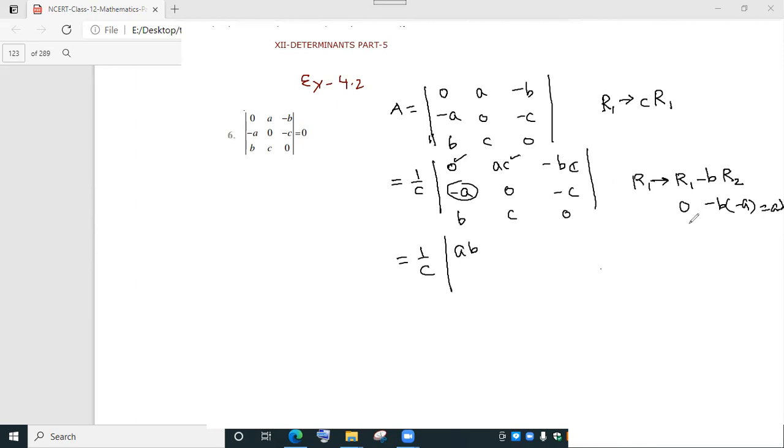Similarly, for this element, R1 is ac minus b times R2, where R2 is 0, so you get ac only. Here you will write ac. Similarly, R1 is minus bc minus b into R2, where R2 is minus c.